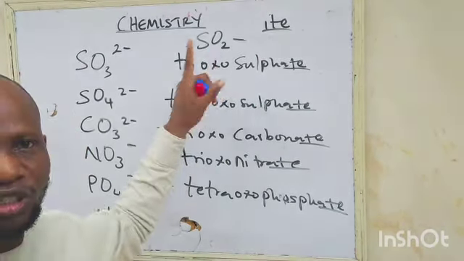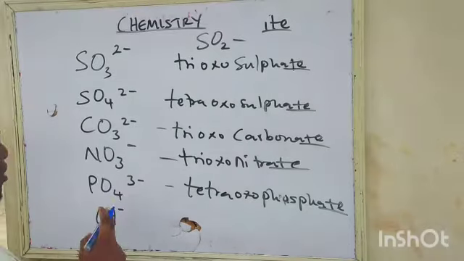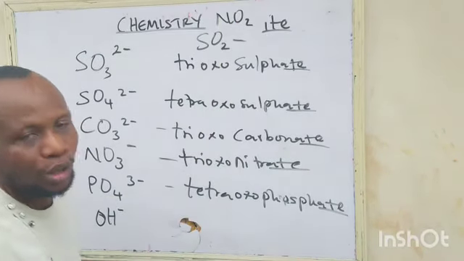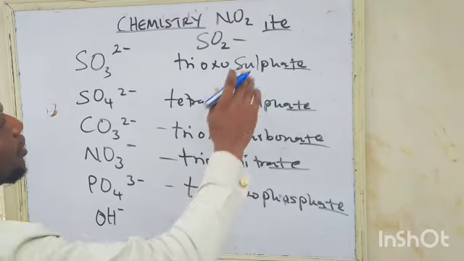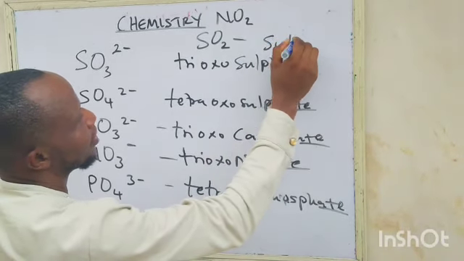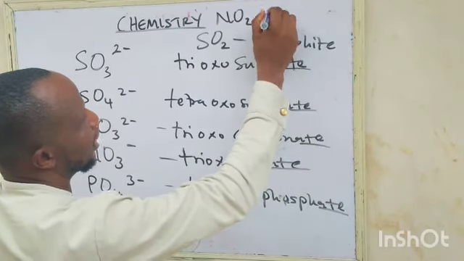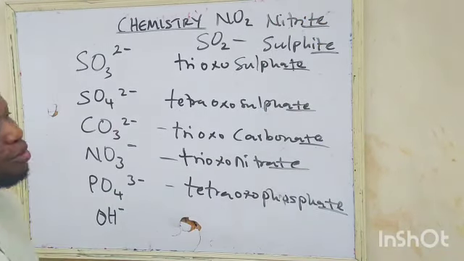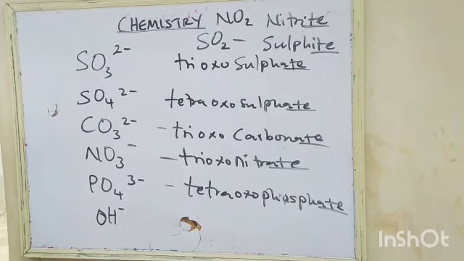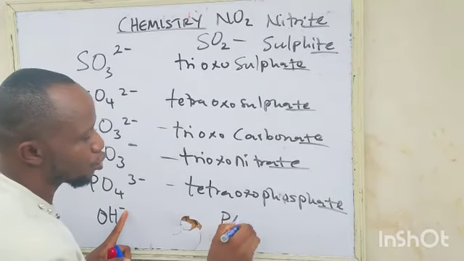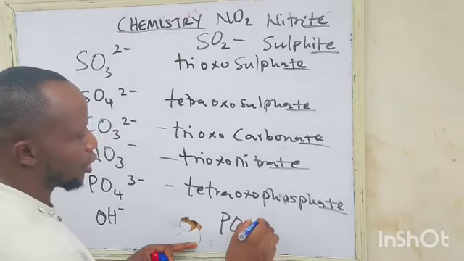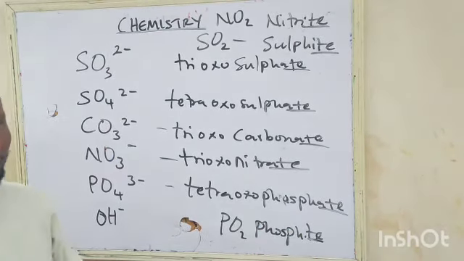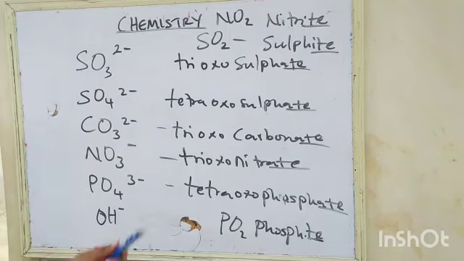Likewise, we have nitrite, NO2. This is sulfite, nitrite, ITE. So be mindful of the amount of oxygen. Then if it is PO2, you could call it phosphite, and so on. So quickly, I want you to have that at the back of your mind.